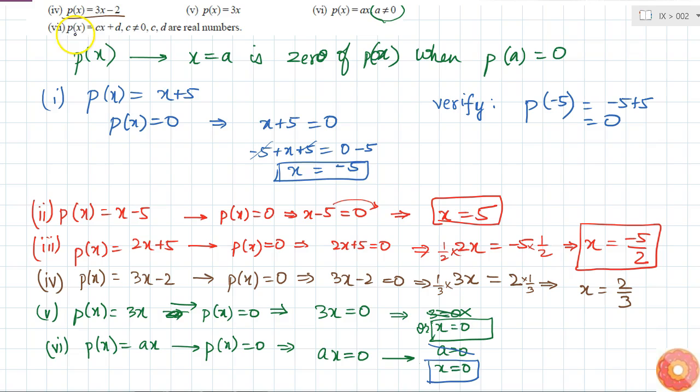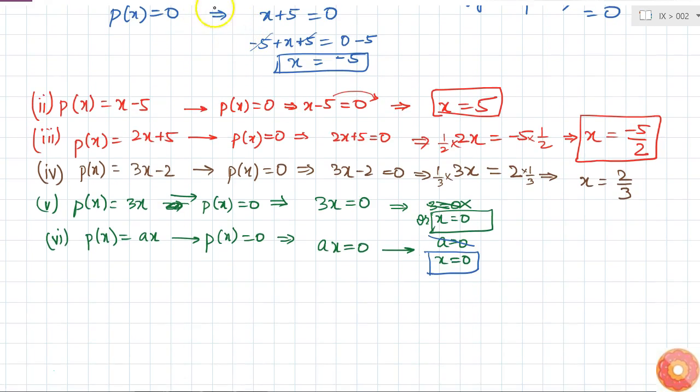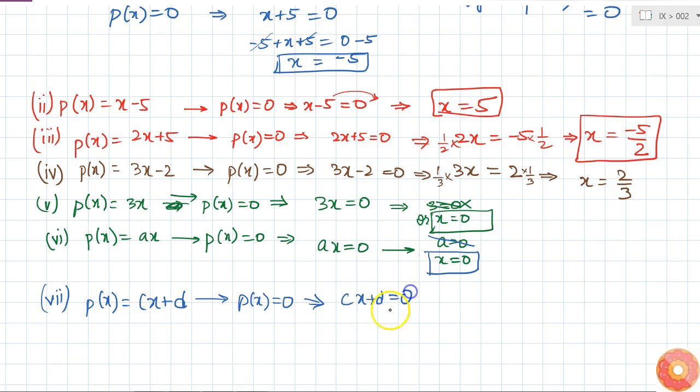And the last part is p of x equal to cx plus d, where c is not equal to 0, and c and d are real numbers. So the seventh part is p of x is equal to cx plus d. If I put p of x equal to 0, then what will I get? I will get the condition cx plus d is equal to 0.